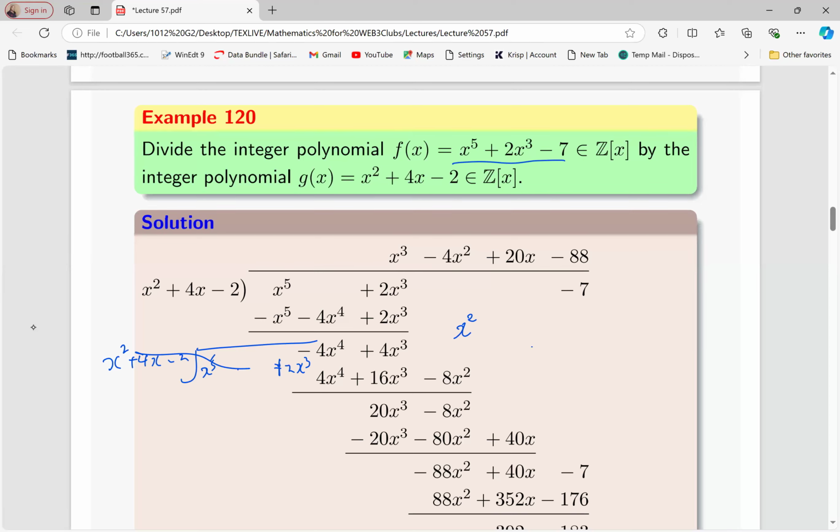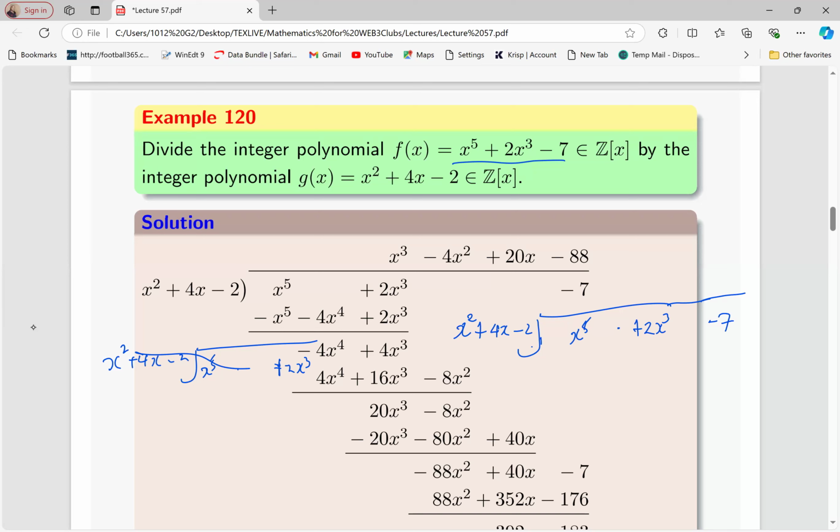So I want to divide x squared plus 4x minus 2 into x raised to 5 plus 0x raised to 4 plus 2x cubed plus 0x squared plus 0x minus 7. I'm spacing where there's a 0 so that I don't congest my working.